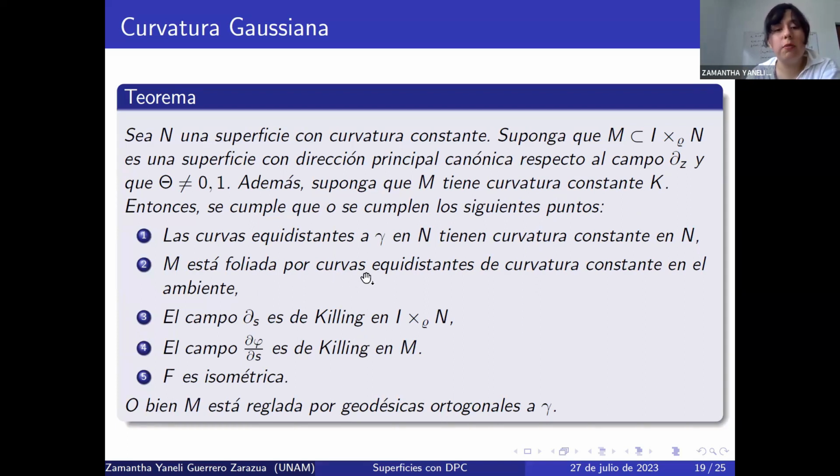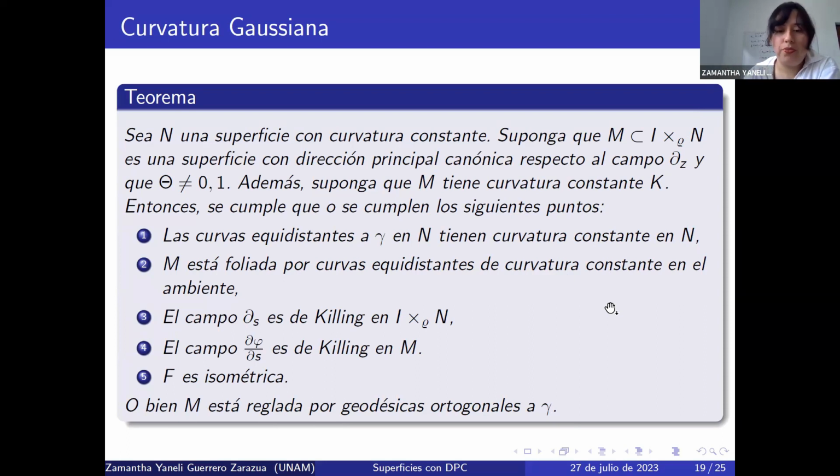It's going to be foliated by curves with constant curvature in the space and also in N. It's going to be isoperimetric, or it's going to be ruled by geodesics orthogonal to gamma, which is what we might imagine if we were to take a constant curvature surface in R3, for example.